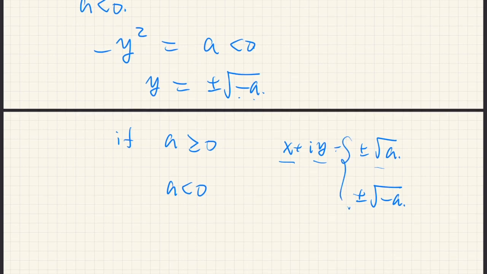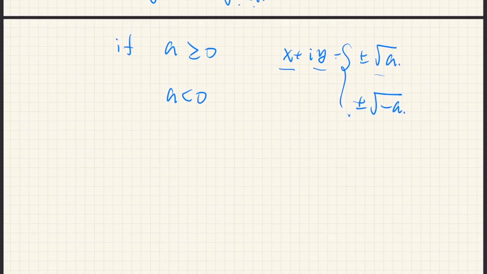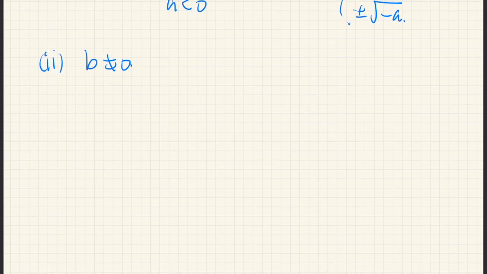Now the second case: b is non-zero. Let's write the equation again. 2xy is equal to b. Now b is non-zero, so this means neither x nor y is equal to 0.